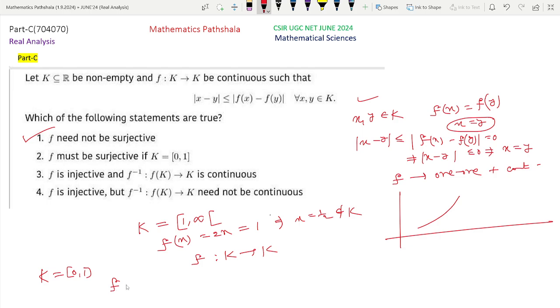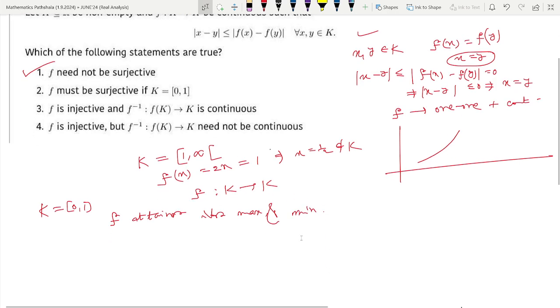As f is continuous on this closed and bounded interval, that is a compact set, f attains its maximum and minimum. Actually here we will show that f will be surjective.